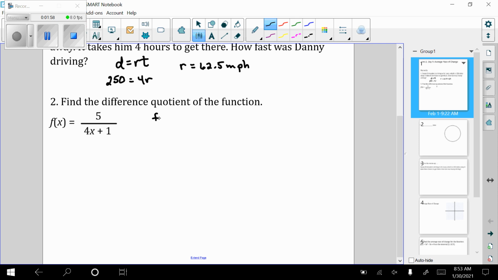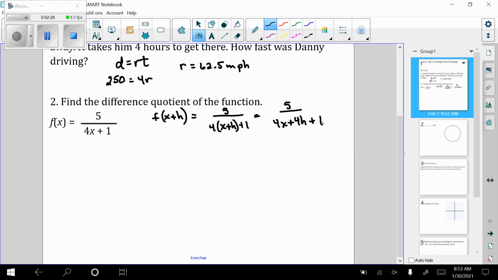The first thing I'm going to do is calculate f of x plus h, and then I can plug that expression into the difference quotient formula. So f of x plus h is 5 over 4 times x plus h plus 1, which is 5 over 4x plus 4h plus 1.